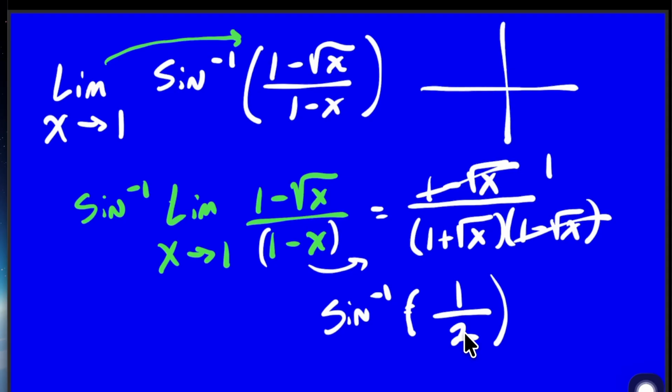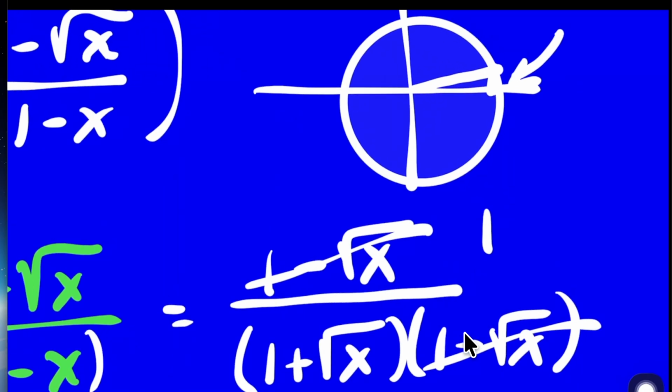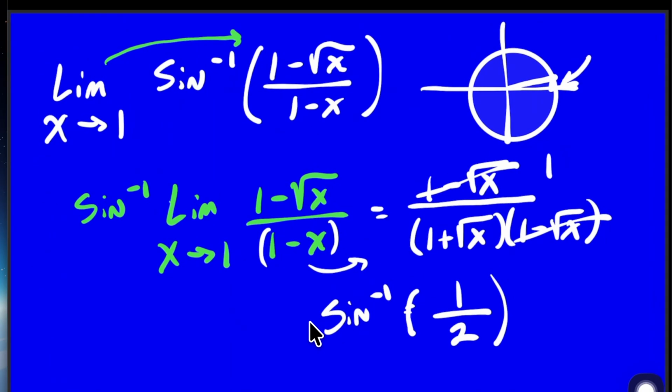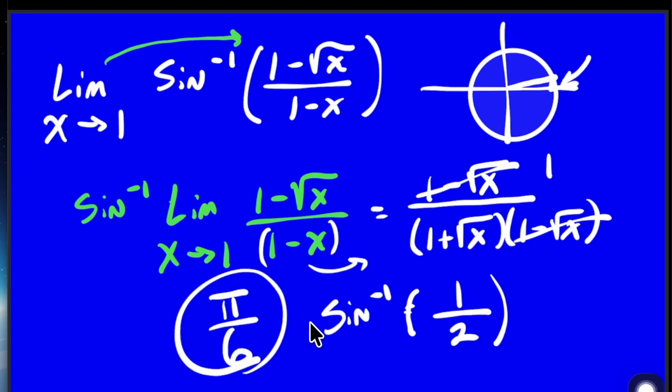Recall, if you look at the unit circle and you use short, medium, and long, if you use short for the sine value, that's going to be the y-coordinate. That angle right there is pi over 6. So the final answer to this complicated problem is pi over 6.